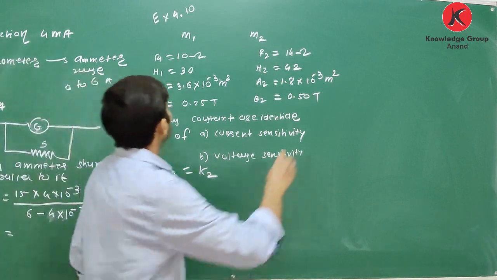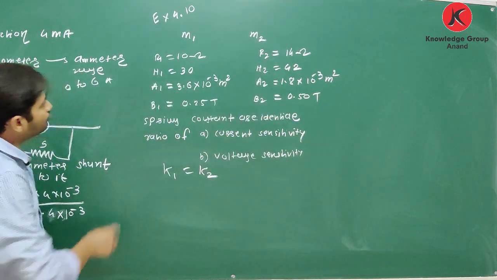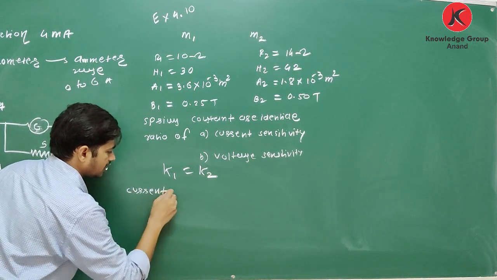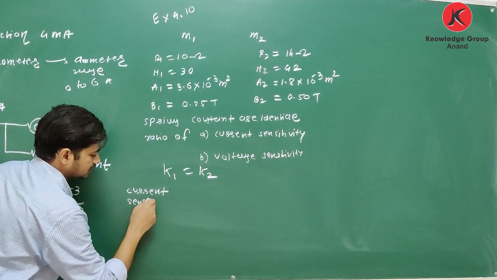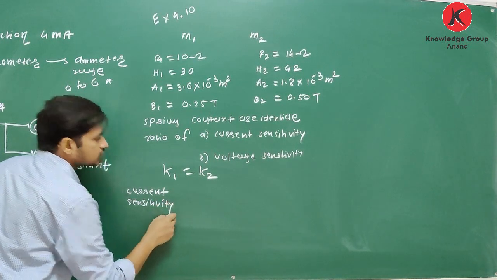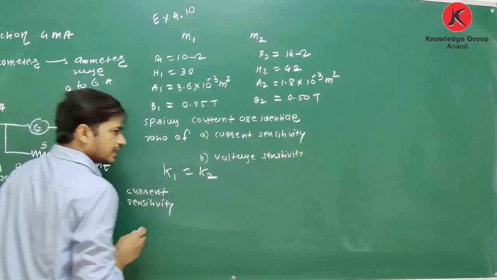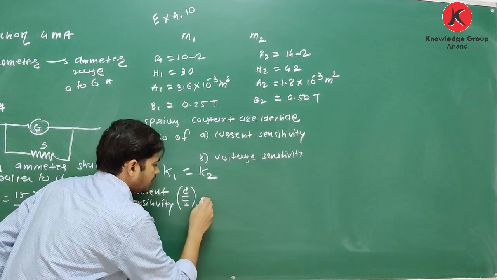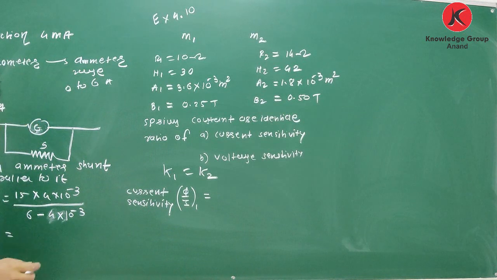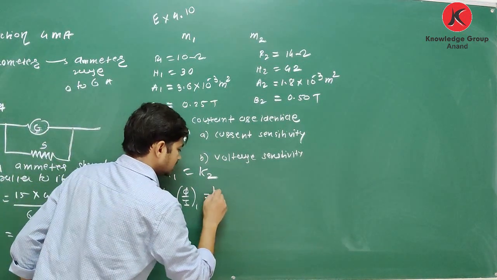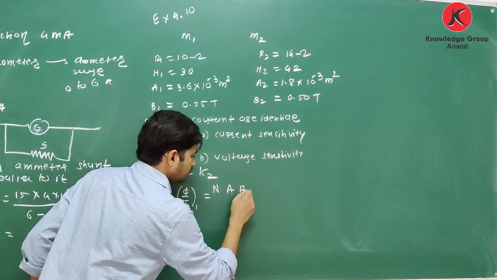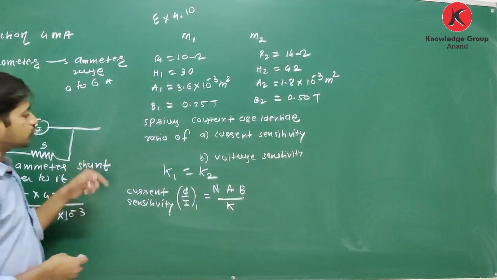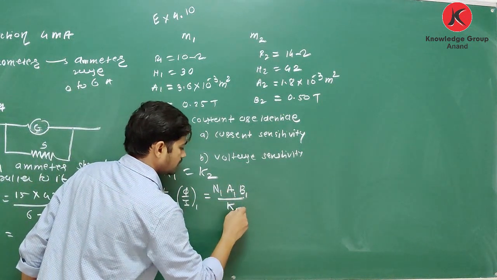How to find? See, here it is. For the first coil, what is the current sensitivity? What is the equation of current sensitivity? If you know, current sensitivity means phi upon I of 1 is equal to N A B upon K. It is the equation of current sensitivity, but it is for the first coil, so N1 A1 B1 upon K1.